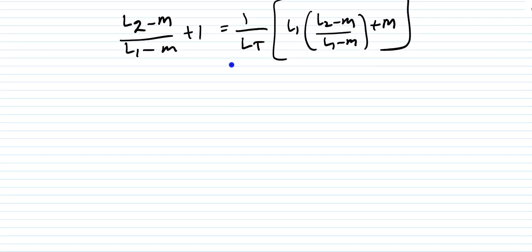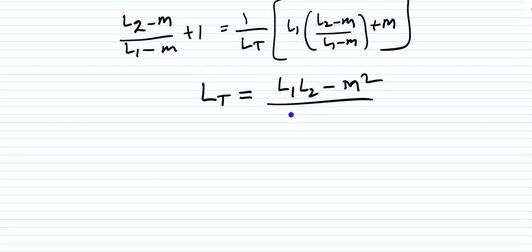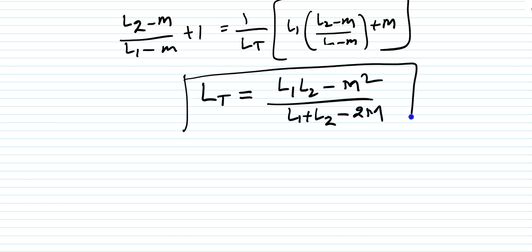And if you simplify this expression, then what is Lt you are going to get? The total inductance we are going to get is (L1 L2 minus M squared) by (L1 plus L2 minus 2M). This is the total inductance in the case of parallel circuits.